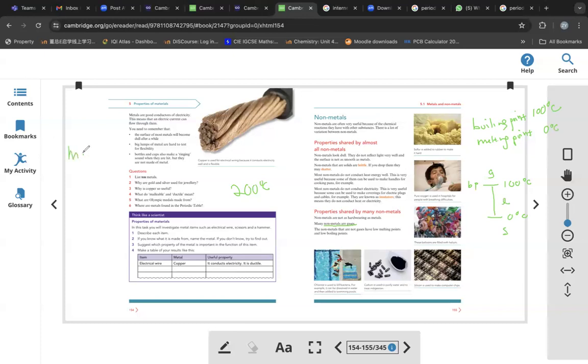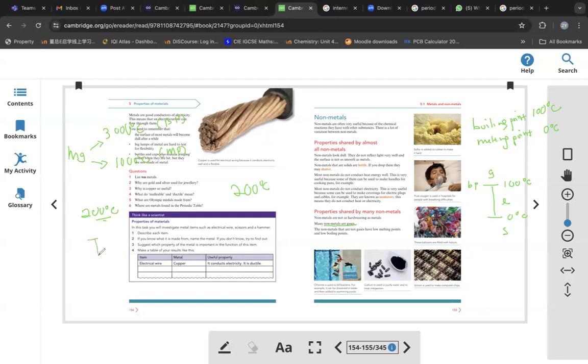If I tell you that magnesium has a boiling point of 3000 degrees Celsius and a melting point of 1000 degrees Celsius, can you tell me what form magnesium is at 200 degrees Celsius? Solid, correct.